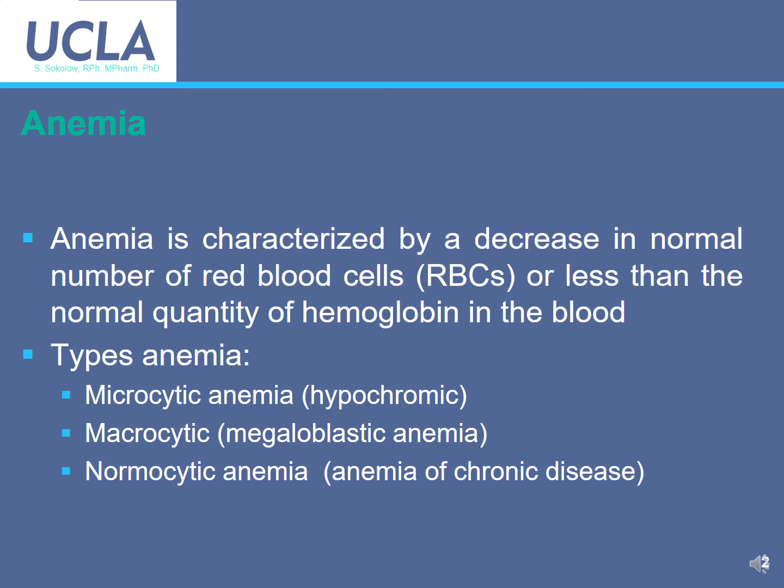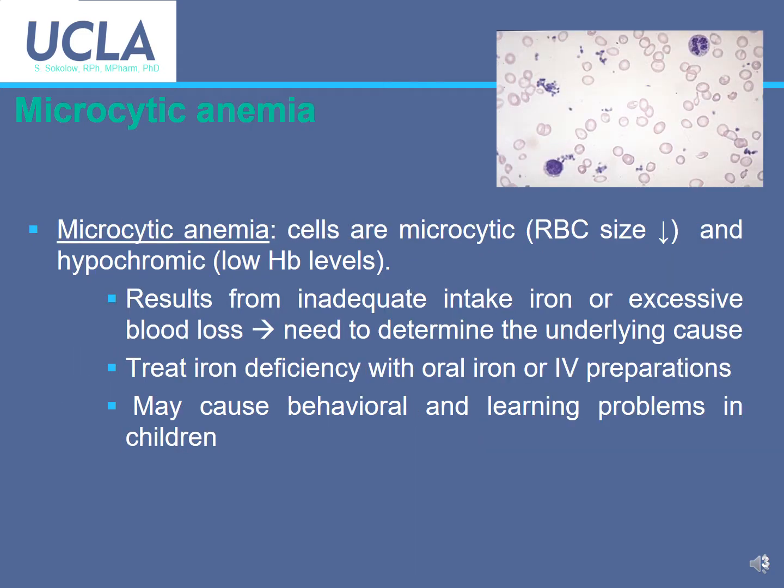So anemia is characterized either by a decrease in the normal number of red blood cells or less than the normal quantity of hemoglobin in the blood. First, let's talk about microcytic anemia. In microcytic anemias, the cells are microcytic, so that means the red blood cell size is smaller than normal.